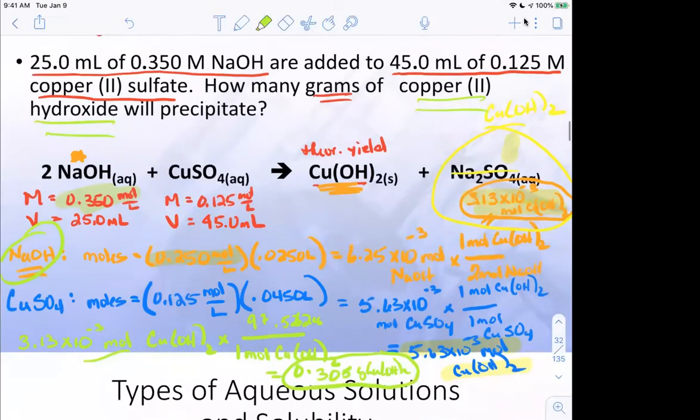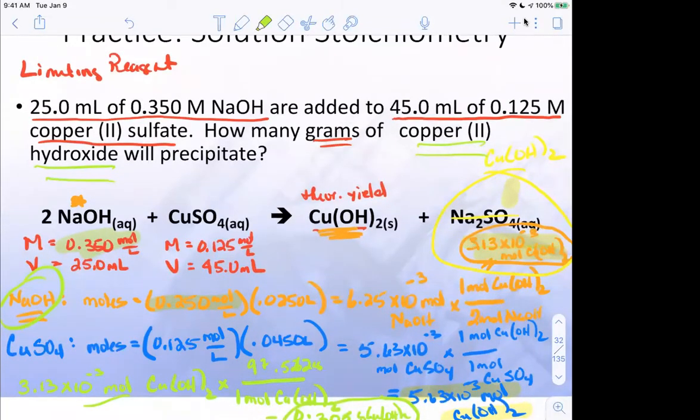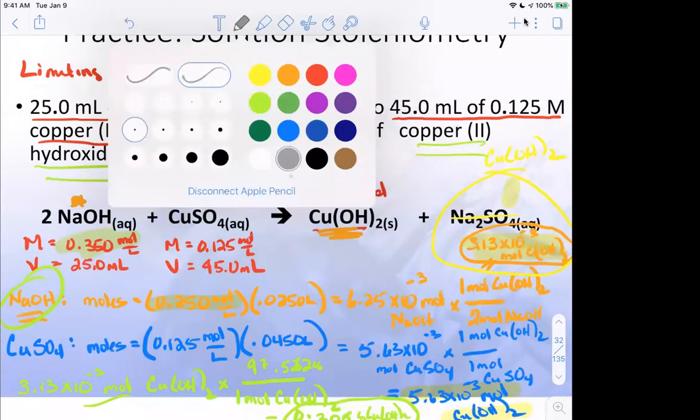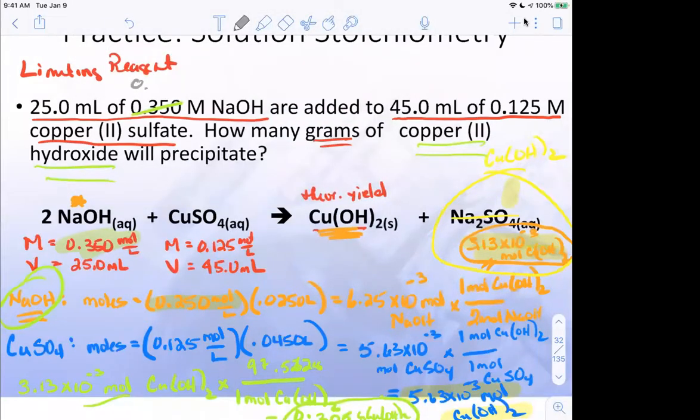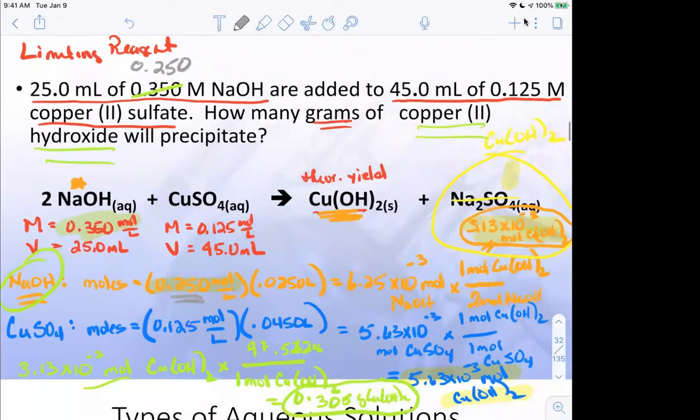So instead of going through this whole thing and redoing it, what I want you guys to do is just read the problem a little bit differently. This is going to be 0.250, because that's what I actually did the problem for. It doesn't change the result, thank goodness, otherwise I would have to redo the whole thing.